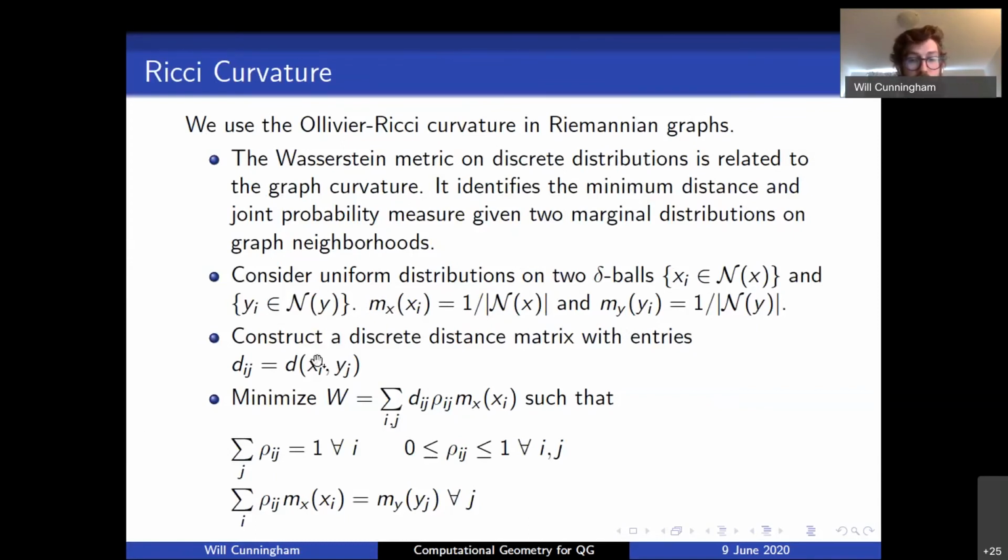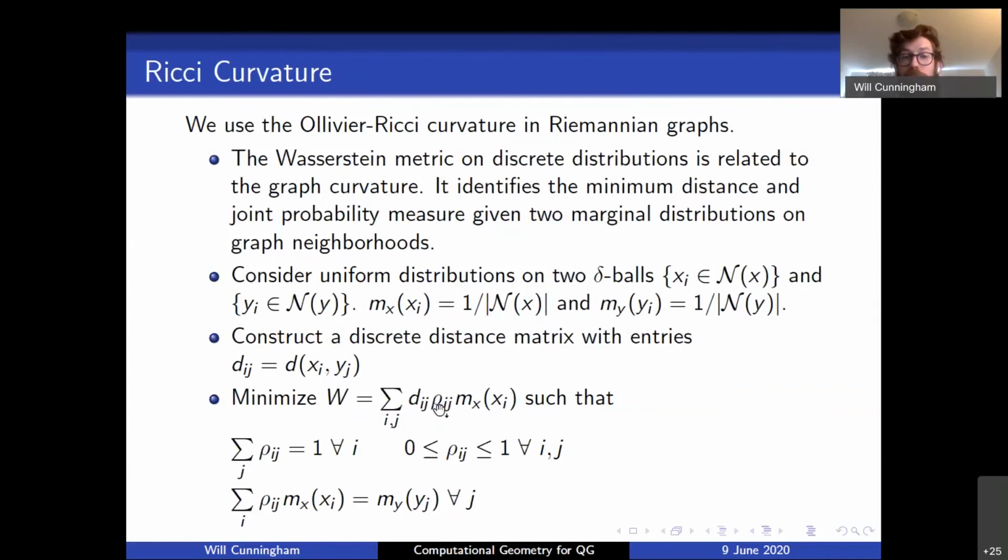Once you have this matrix, though, you're going to solve this convex optimization problem. So you minimize this variable W, which is the Wasserstein distance, and you're going to end up solving for W, but also this rho variable. This rho is called the transport plan.